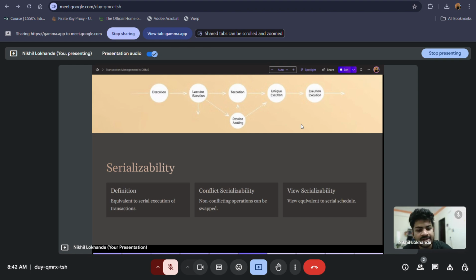What is conflict serializability? It means non-conflicting operations can be swapped. Swapping non-conflicting operations is allowed in conflict serializability. View serializability means the schedule is view equivalent to a serial schedule.